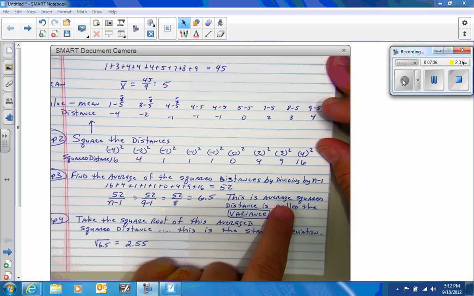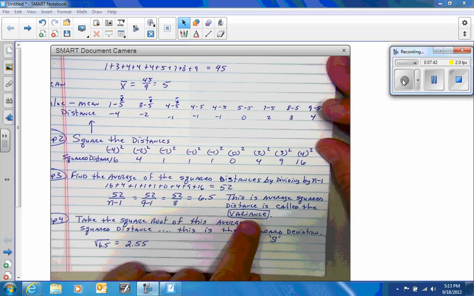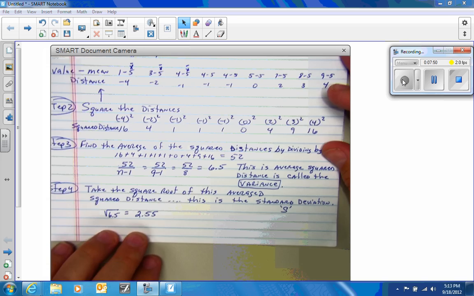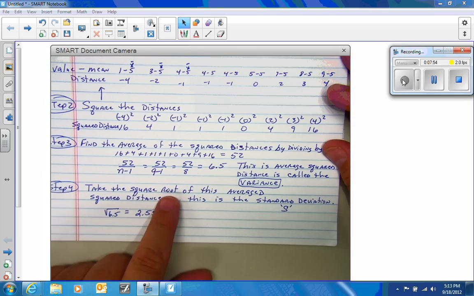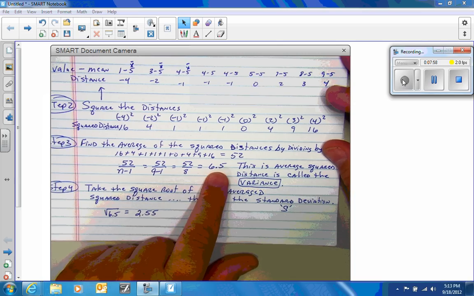This is the average of the squared distances, and it is called the variance. Make sure you know that. The last step is we're going to take the square root of this average. So we take the square root of 6.5.